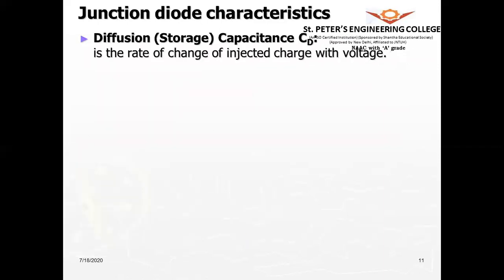Okay, as we can see from the characteristics of the diode, the charges are built up around the junction. Therefore, it acts as a capacitance. There are charges stored around the junction, so we can see the effect of capacitance in that. Let us look into the diffusion capacitance CD. It is the rate of change of injected charge with voltage.